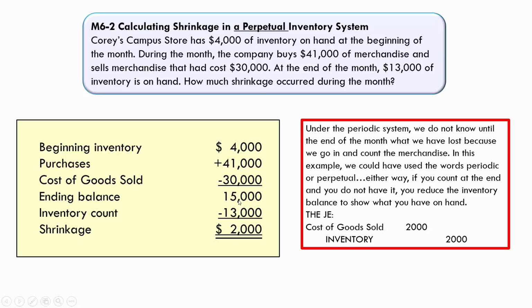It is actually 13, so they should take 2,000 out of their ending inventory, reducing it to 13. After the journal entry, their actual ending inventory will be 13,000, and cost of goods sold will reflect the $2,000 loss from shrinkage.